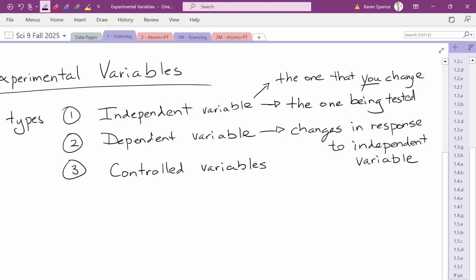What is a controlled variable? When you're done writing, you're going to discuss that with your neighbor.